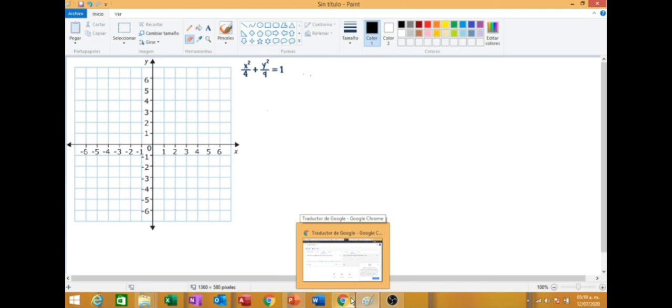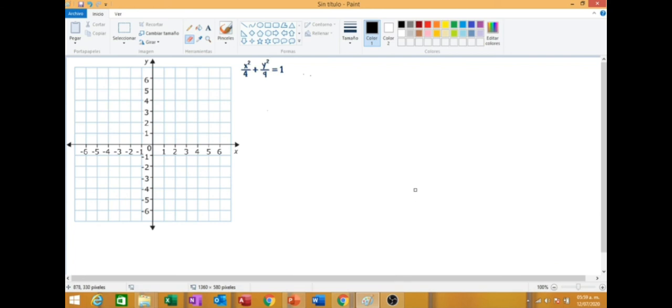Now I will do an example to show how it's done. First I need to know what is A and what is B. A is greater than B. Then A is 9 and B is 4.